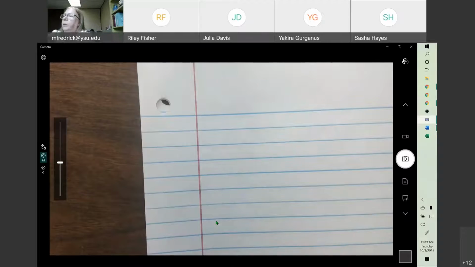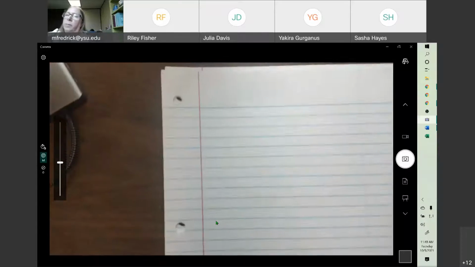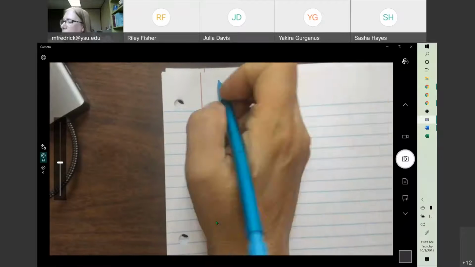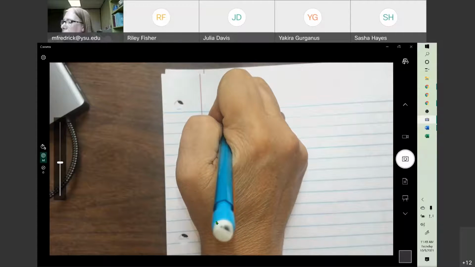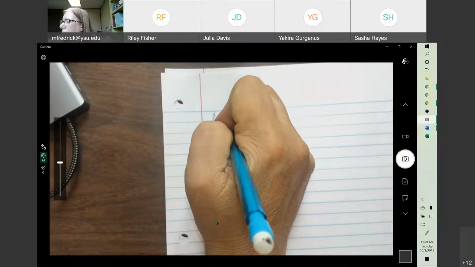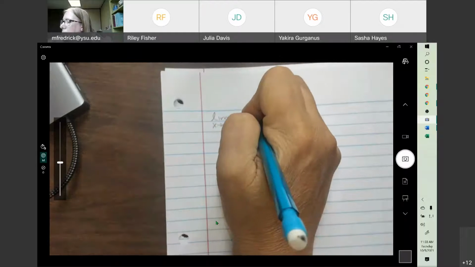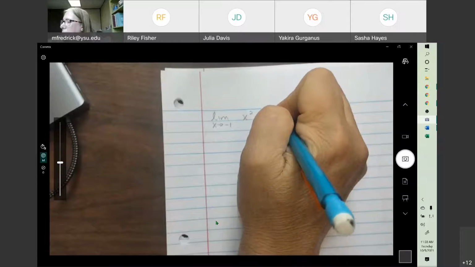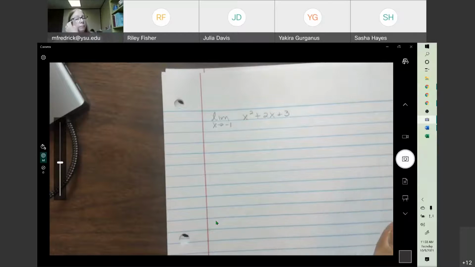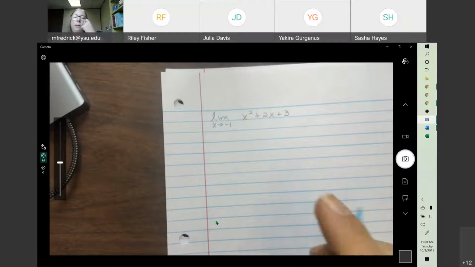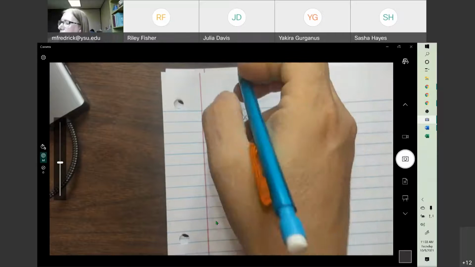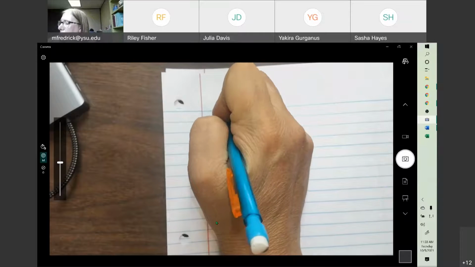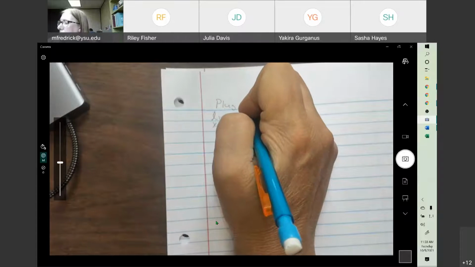Now, sometimes we don't always have a graph to go by when we're looking for a limit. And when that happens, first thing, just plug it in. So when you're finding limits and you have an equation, rule of thumb, first thing, plug it in and see what you get.